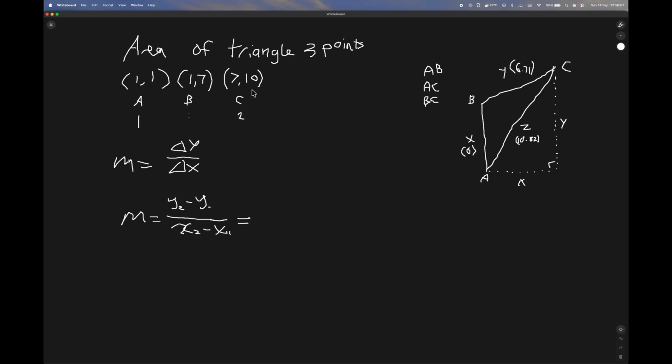So y2 is going to be 10 minus 1 on x2, 7 minus 1, is equal to 9 on 6, we can divide both sides by 3, so 3 on 2. Now, that's going to be the gradient of this line AC.